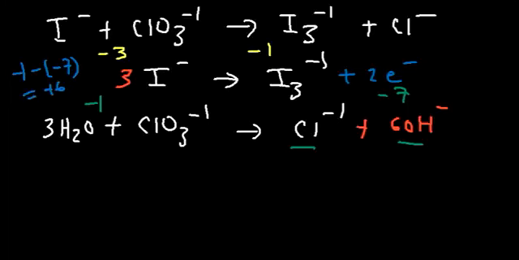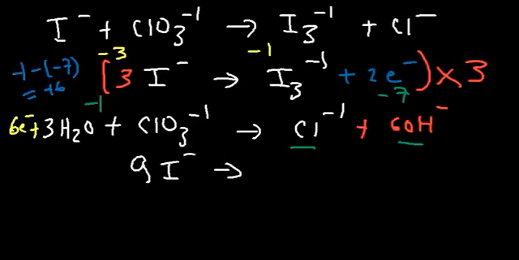So negative 1 is larger than negative 7, so we're going to add 6 electrons to the left side, the side with the higher charge. So now, we need to multiply this equation by 3 so that the number of electrons are the same. So if we do that, we're going to have 9 iodide ions, 3 triiodide ions, and 6 electrons.